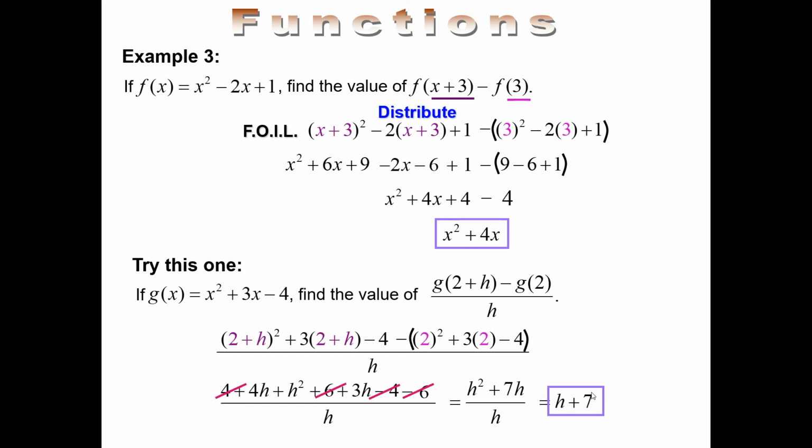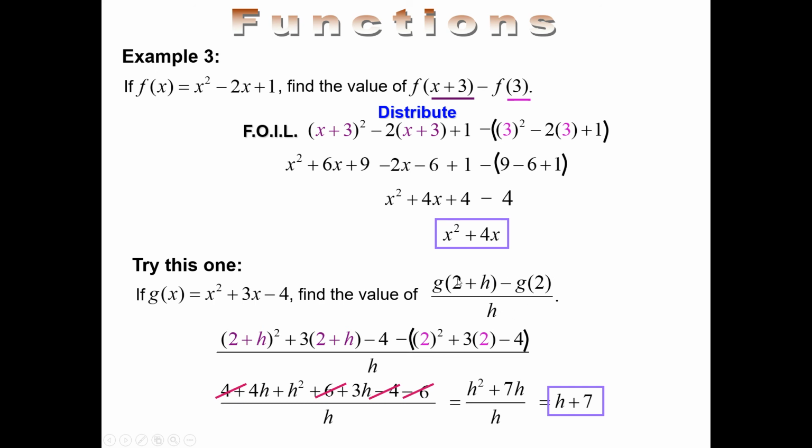Turned into just h plus 7. Okay. There's a lot going on there.